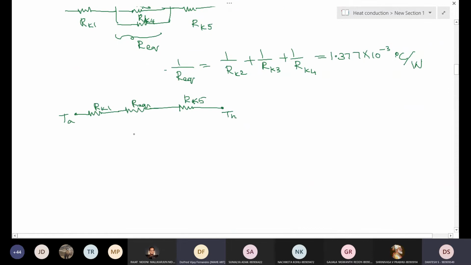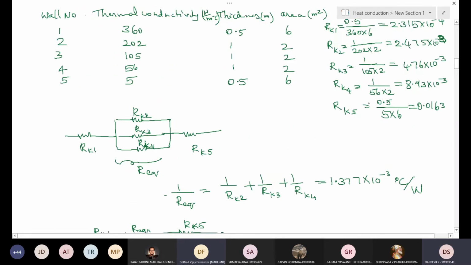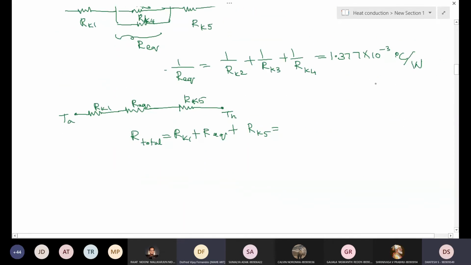So our total equals RK1 plus R equivalent plus RK5. R equivalent is 1.377 into 10 power minus 3.